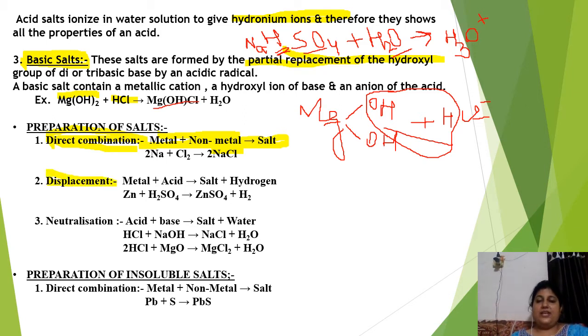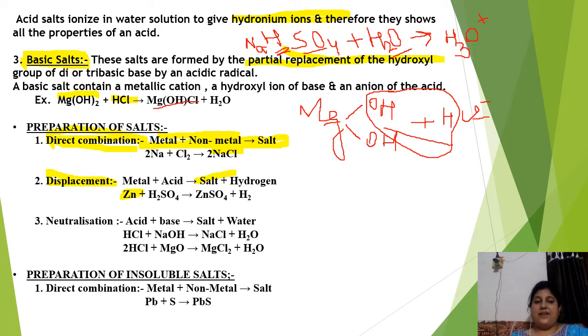Okay. Second one is displacement reaction. Displacement means one element replaces another element. When metal reacts with acid, it results in the formation of salt. But this metal should be more reactive than hydrogen, because only the metal which is more reactive than hydrogen can replace hydrogen from an acid.